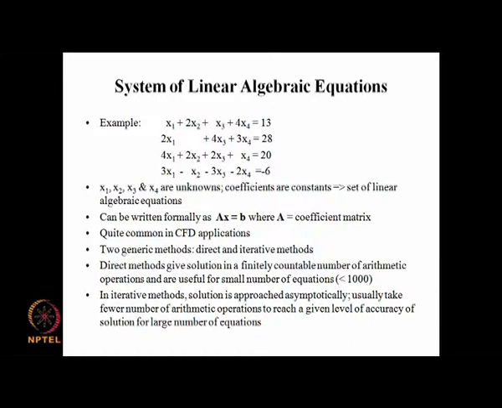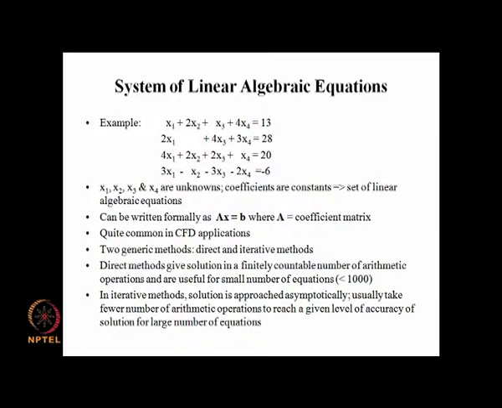Direct methods give solution in a finitely countable number of arithmetic operations and are useful typically for a small number of equations. When you have less than about 1000, you can use this, and one such direct method is Cramer's rule. It gives you the solution in about n plus 1 factorial number of operations.